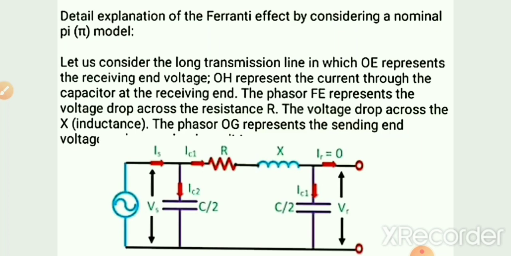Here we consider distributed parameters. It means we have the parameters resistance, inductor and capacitor, and these are distributed through the line.